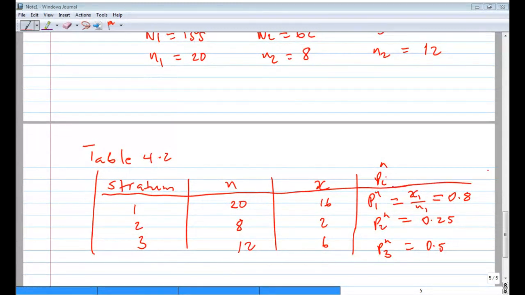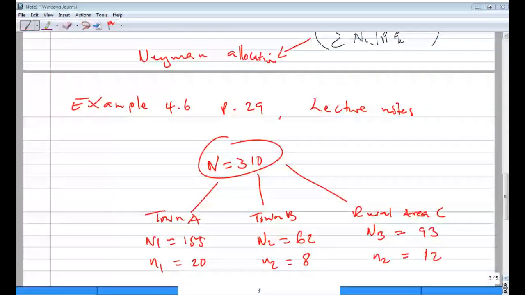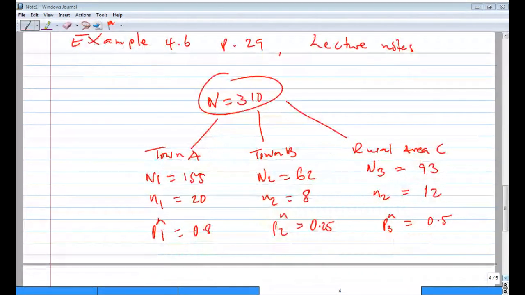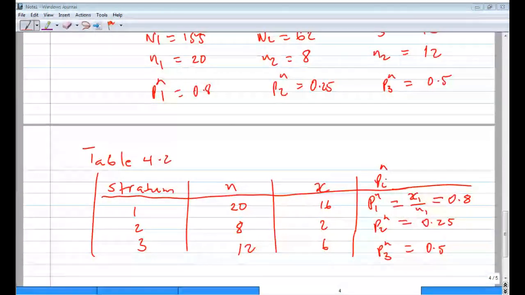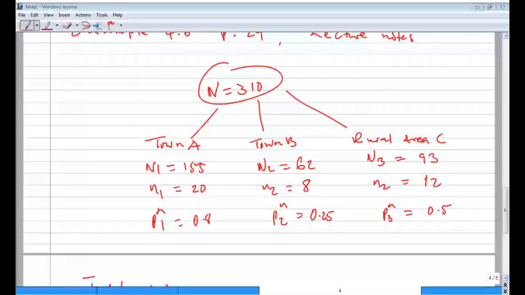So in other words, here you can just find P1 hat, which is 0.8, P2 hat 0.25, and P3 hat, which is what? 0.5, isn't it? Yes, that's it. So that's it. So now you have those information now.